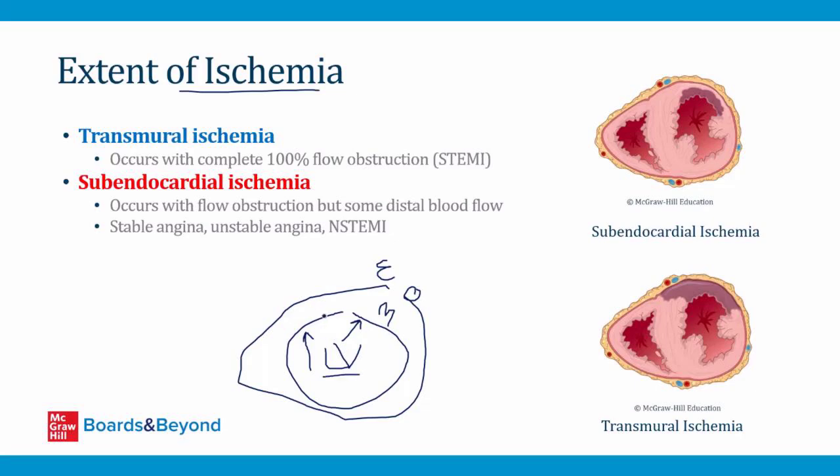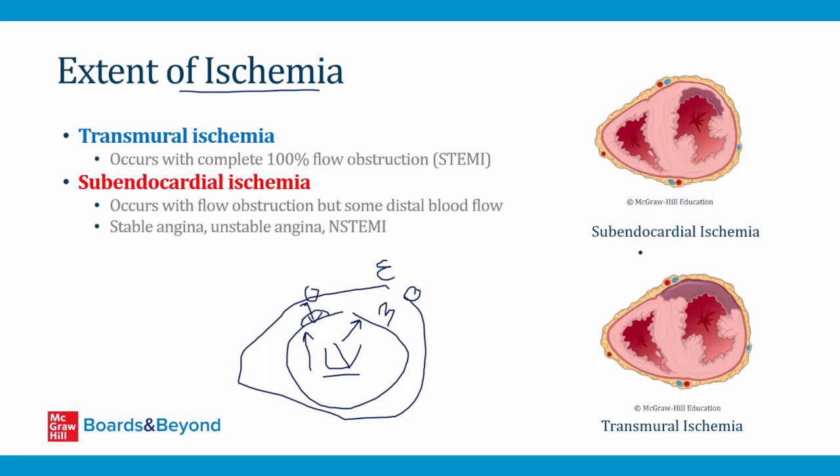But just beyond the endocardium, this layer here, which is called the subendocardium, is the most vulnerable to ischemia. That's because it's the furthest away from the epicardial coronary vessels. In other words, all these cells up here are closer to the coronary vessels. They can more easily pick up oxygen, but you really need proper, normal, good oxygen delivery for oxygen to reach all the way down here to the subendocardium.